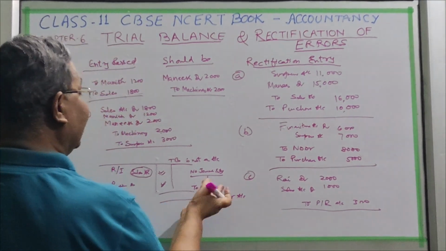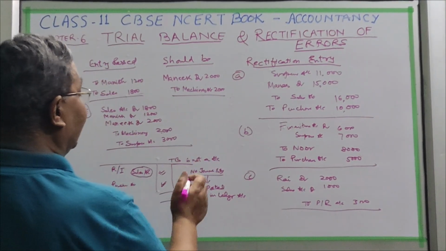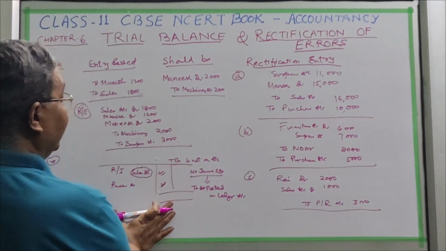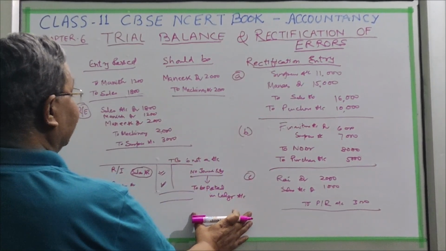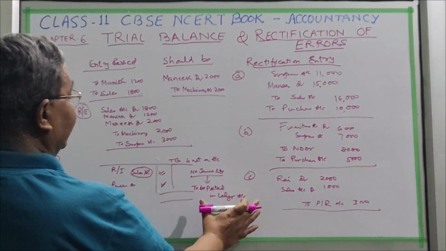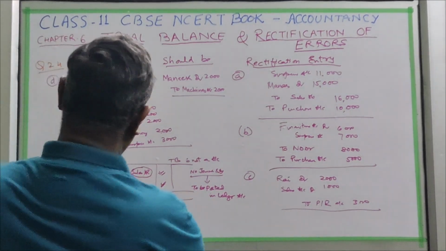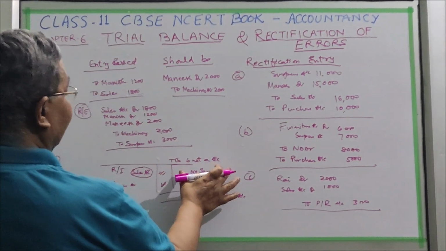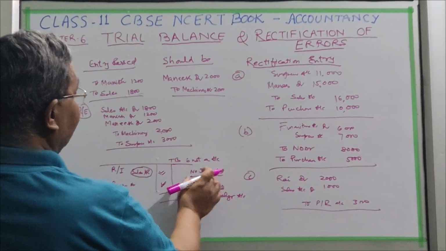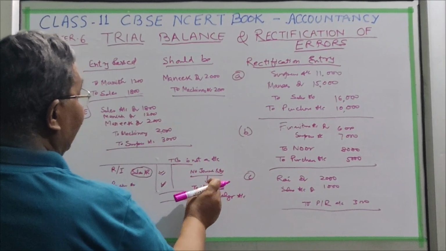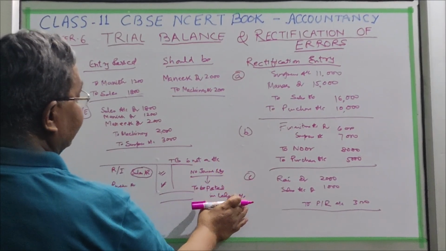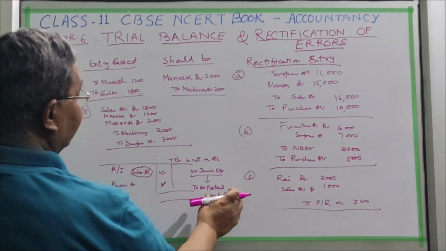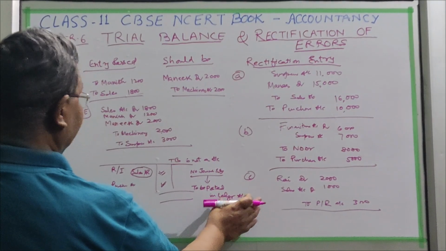Here ledger is not there because it is not an account, so no journal entry will be there and no ledger entry will be there. Okay, so E, you leave it, just write that a trial balance is not an account, and so journal entry is not required. Journal entries are required for posting in ledger.